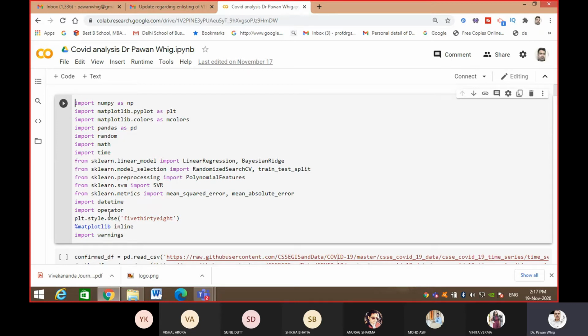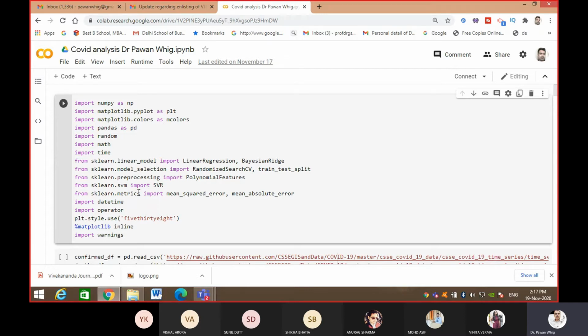It also includes the number of deaths and the number of patients currently admitted in that particular country. For this we added these libraries, for date, time and math, random. I think you all know about all these libraries.